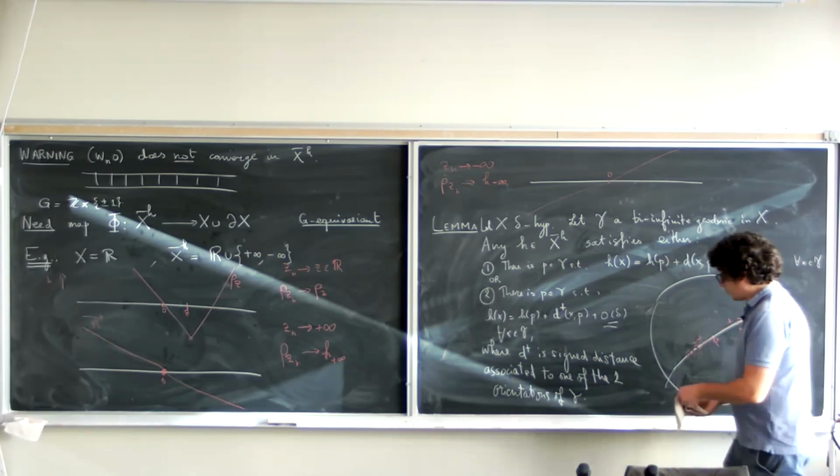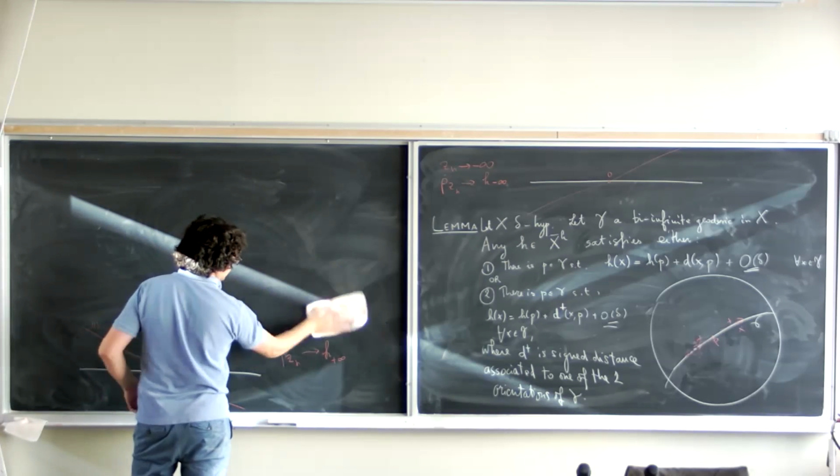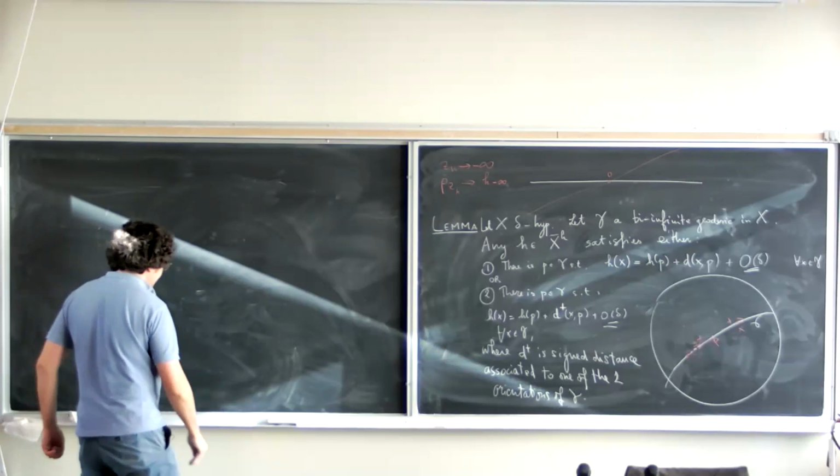And we use it. But in this case, case 1 doesn't need to correspond to a point inside the space. It does not. Maybe that's the point of the compactification, indeed.